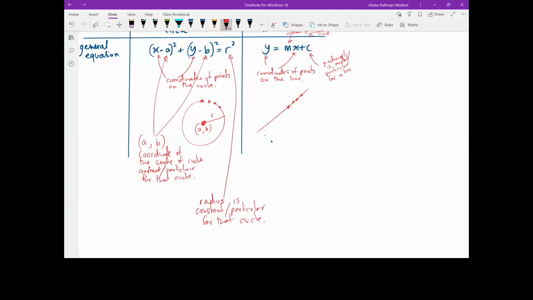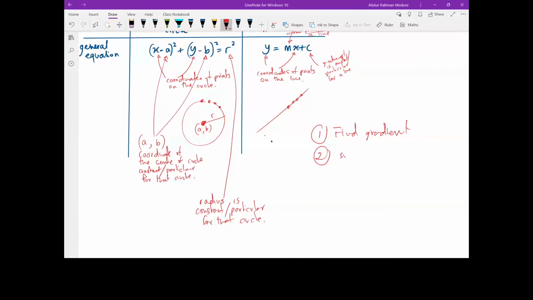So how did we find the equation of a line? Well, we needed to find the gradient first. We found the gradient first, and then once you've got the gradient, if you can substitute an x and a y, then in that equation which involves those four unknowns, you would know three of them, so you can then find c.